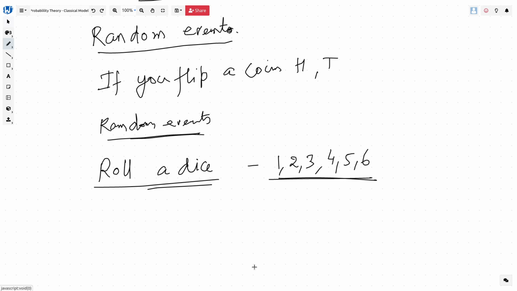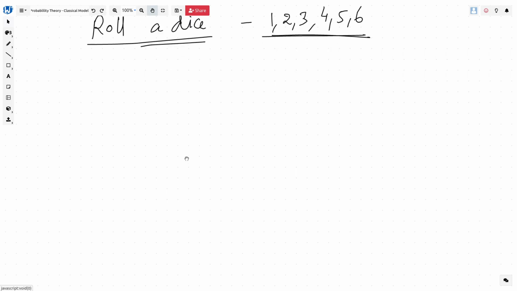So for example, if you flip a coin, how are you going to estimate how many heads will come and how many tails will come? One approach would be to flip a coin, let's say, 10,000 times, and write down how many times the head comes and how many times the tail comes. Say out of 10,000 times, 5,001 times head has come and 4,999 times the tail has come, right?